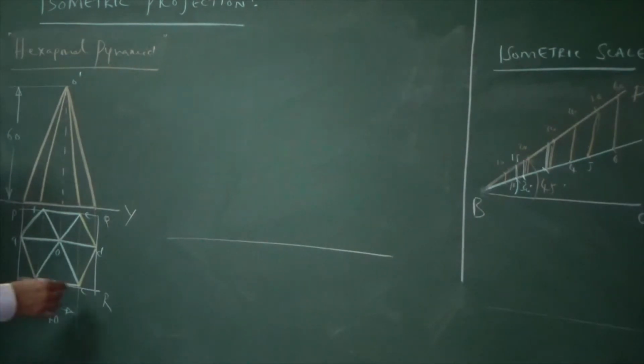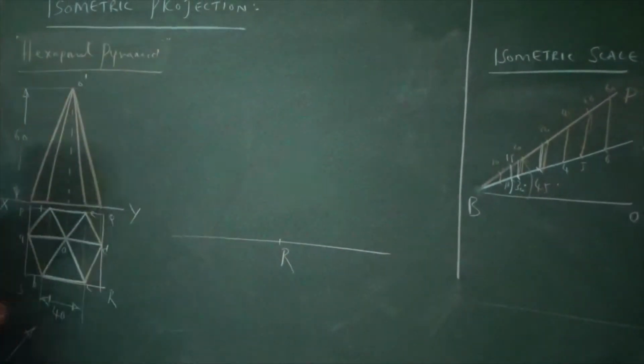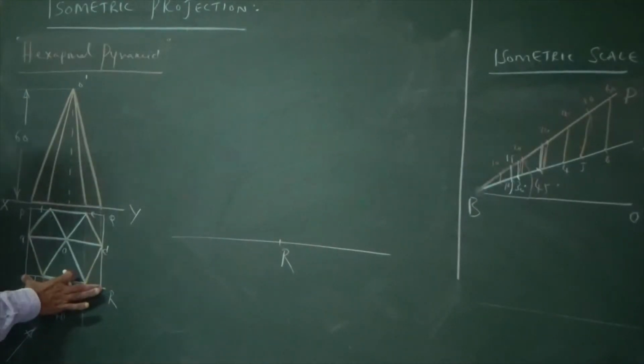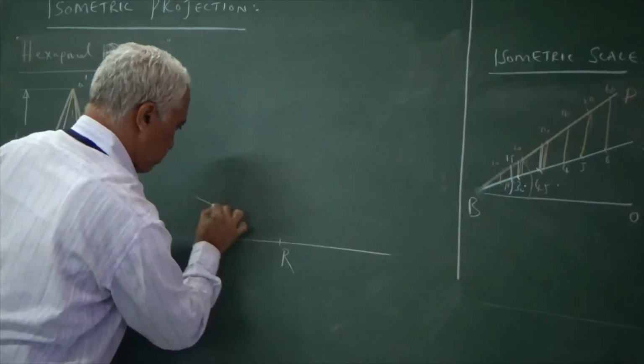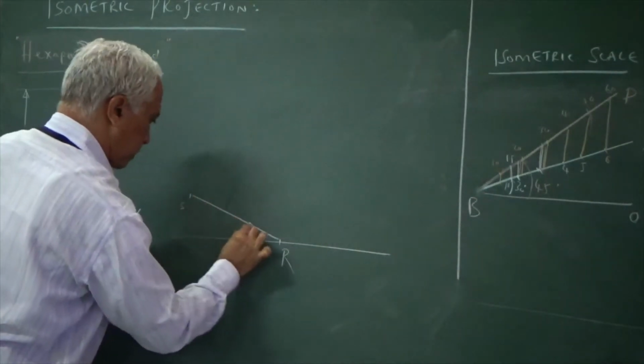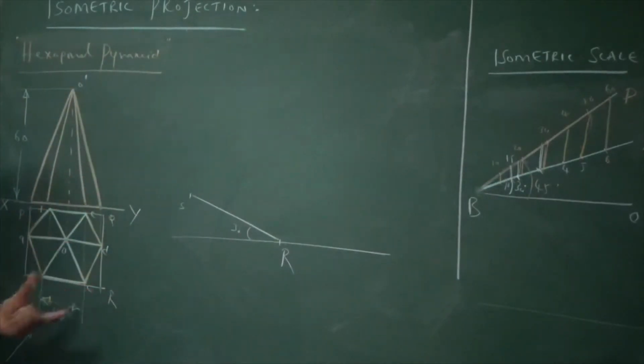So first, take R as the reference point. R to S from the figure, take RS, get the iso of RS, from R draw a line inclined at 30 degrees and take SR isometric from the figure.